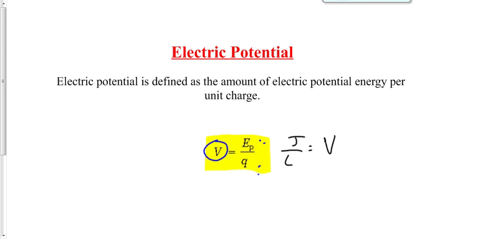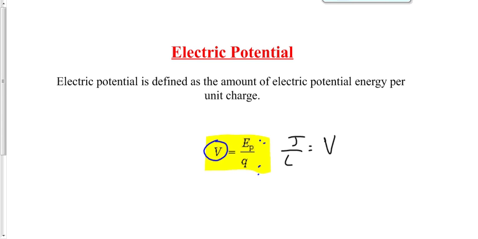So potential, the symbol V, units, volts, the symbol V. That's the only quantity that we have the same symbol for the units as we do for the actual variable symbol. Right, Danica? So use joules per coulomb, use volts, whatever.